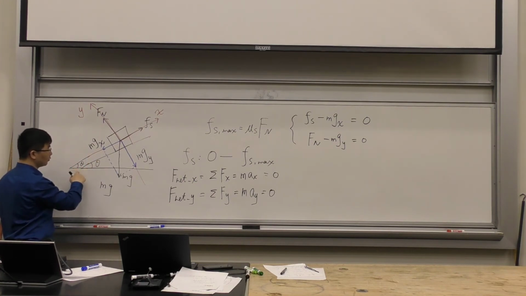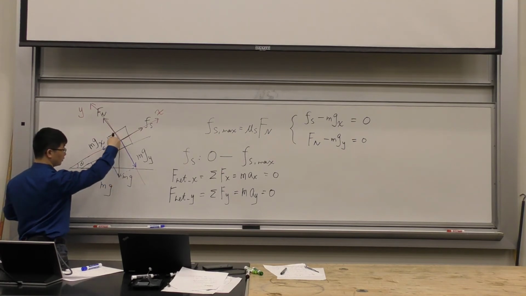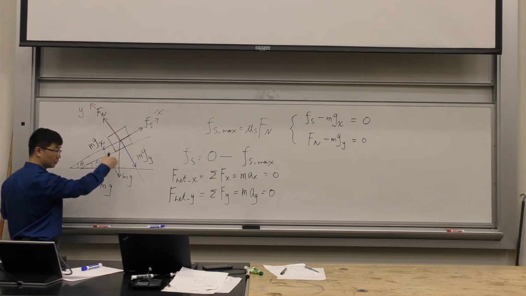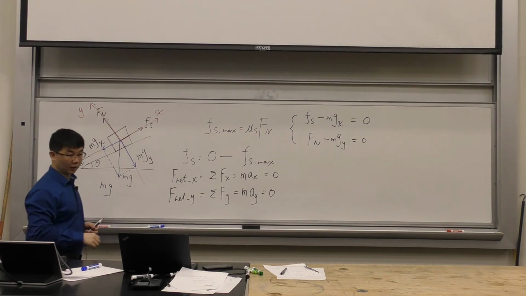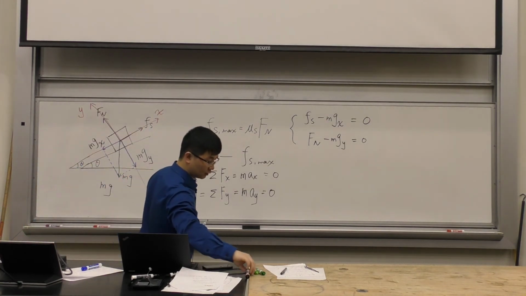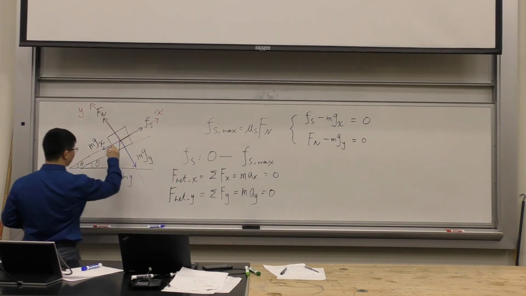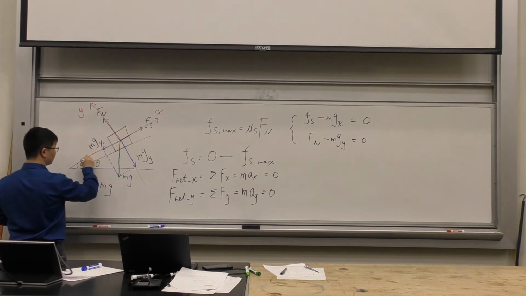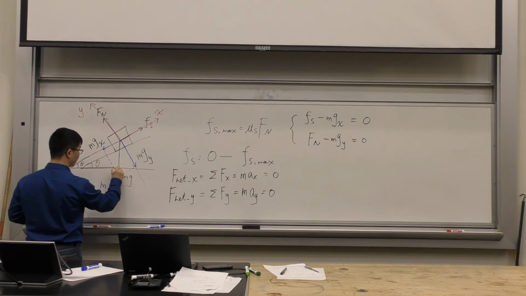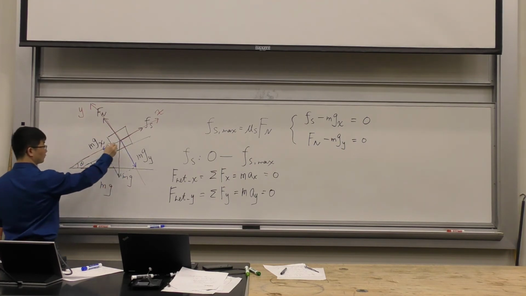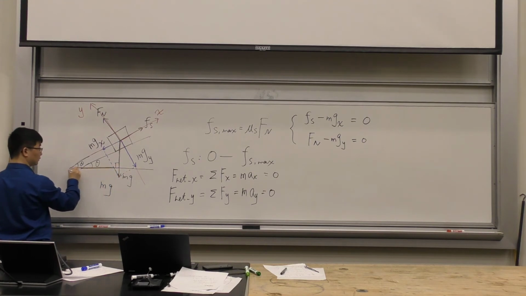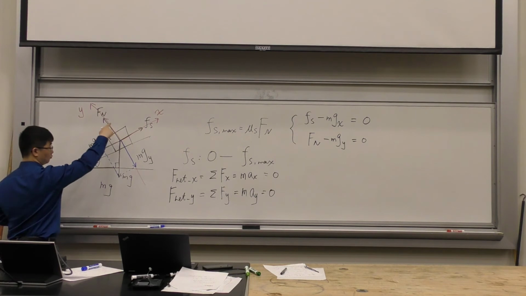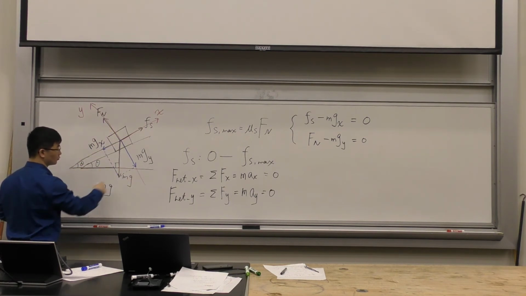Take a look at this right triangle here, because this is a gravity line, so this is totally vertical, right? Take a look at this one. This is a right triangle, right? Because this is a vertical line, this is a horizontal line.